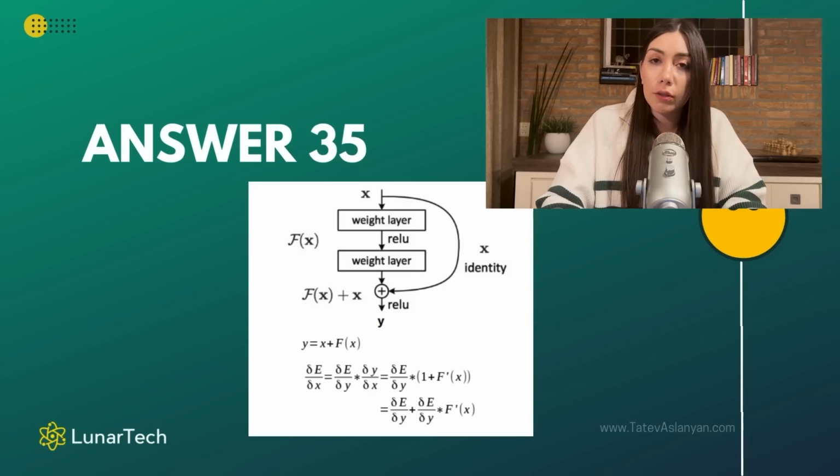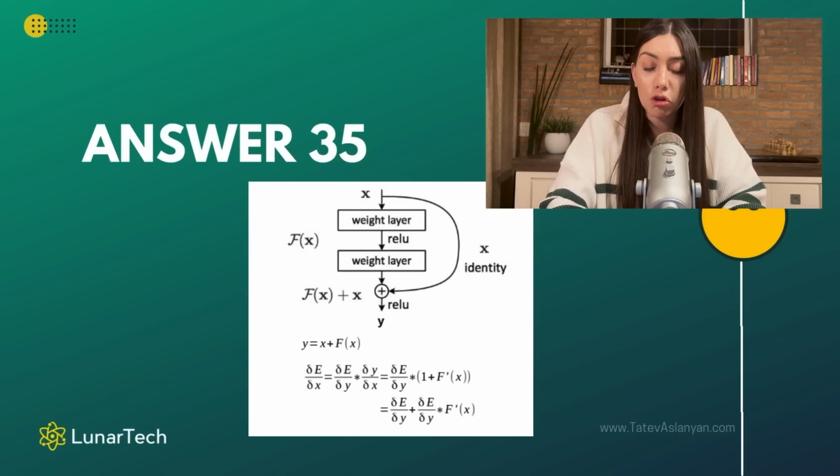And to avoid this, what we are doing with residual connections is that we also have this shortcut. So you can see that we are not only performing these different transformations. We have X, then we have the weight layer, then the rectified linear unit activation, then another weight layer, and then we get the output, which is F(x).